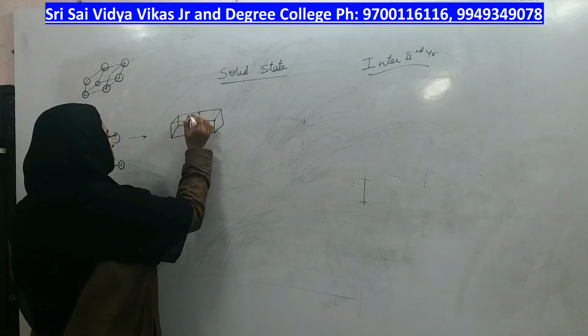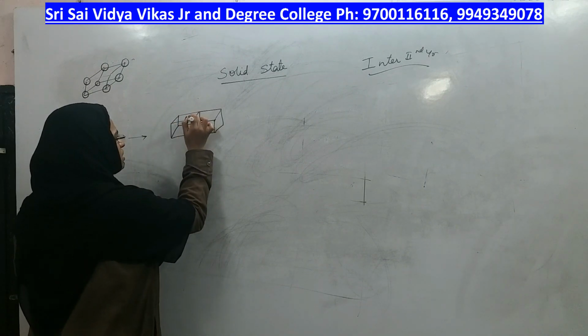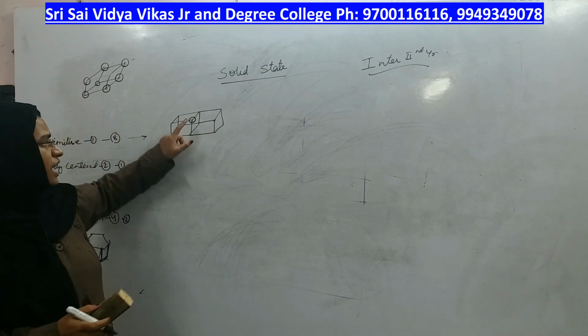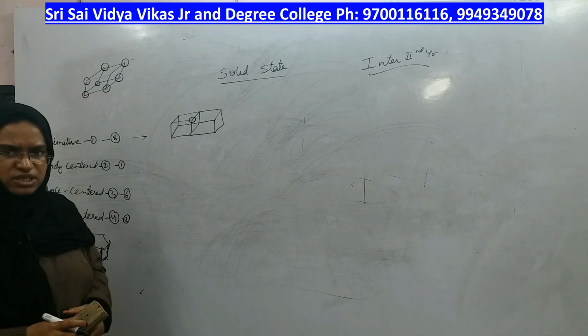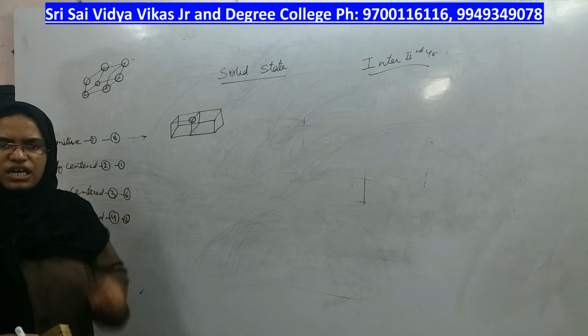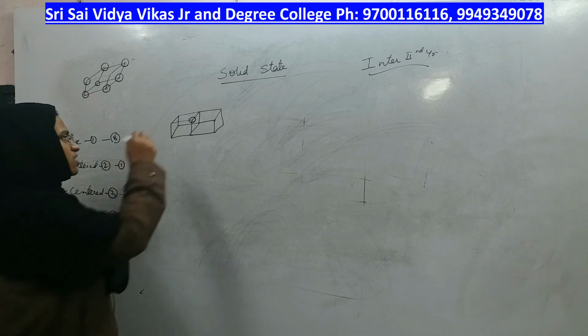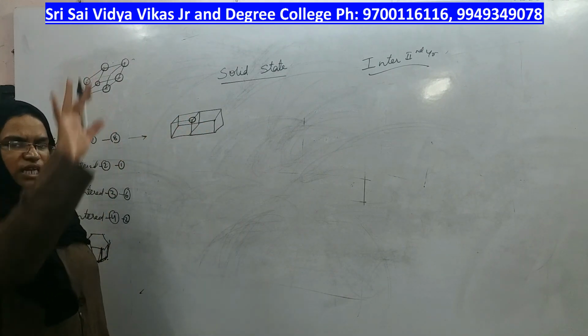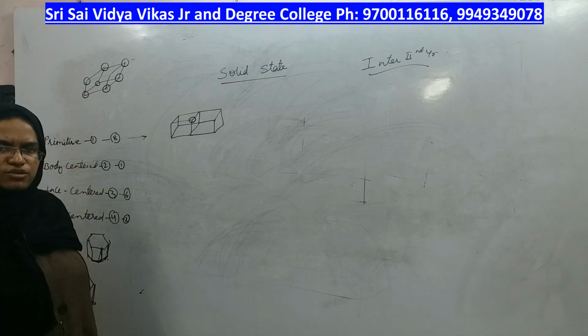Now, primitive means we know that at each corner one atom is there, right. But when you say that each corner has one atom, does that corner belong to only one unit cell or to the neighboring unit cells also?